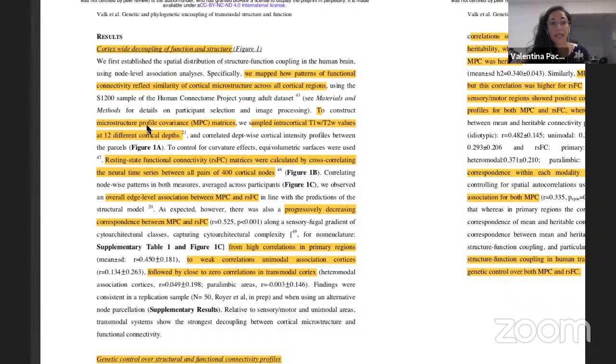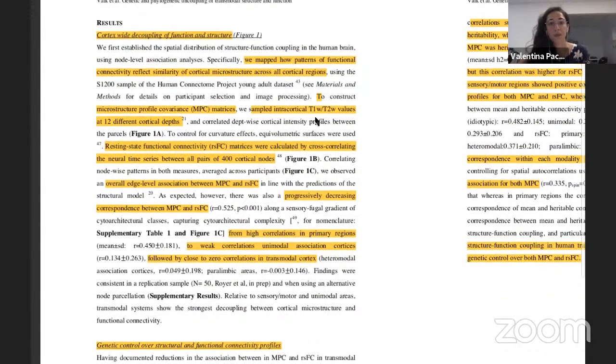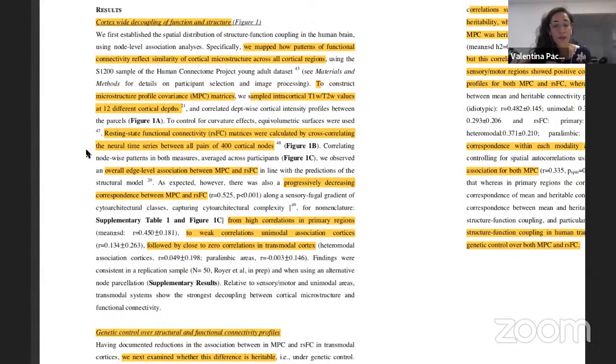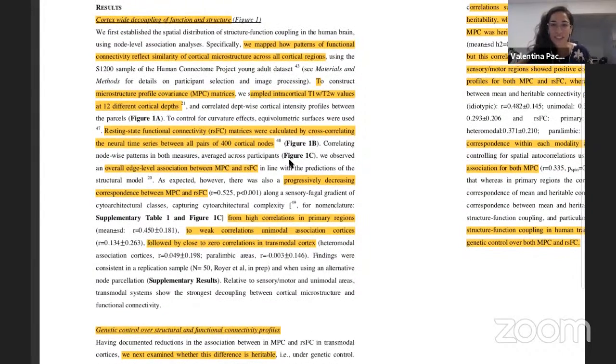In particular, they computed these MPC, microstructure profile covariance matrices, which have been sampled via T1 and T2 values at 12 different cortical depths. And then for the functional connectivity part, the authors calculated resting state functional connectivity matrices. I will refer to these two as structure matrices and resting state matrices along the study.